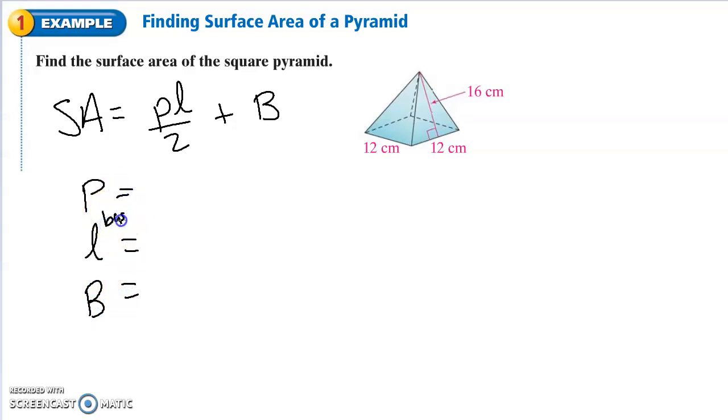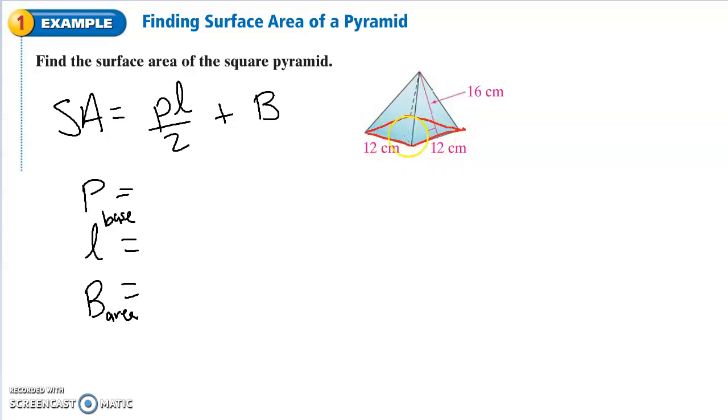If we have these 3 things, then we can find our answer. So the first thing you want to do is figure out, what is the perimeter of the base? Well, the perimeter of the base is going to be this line plus this line plus this line plus this line.